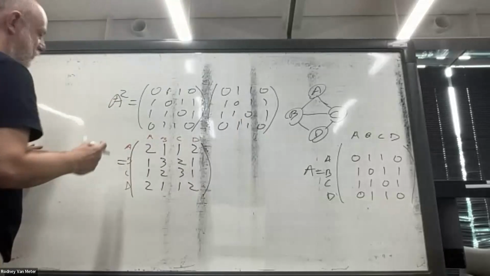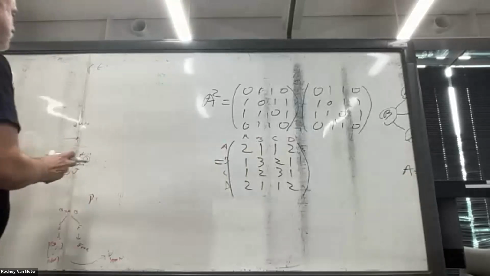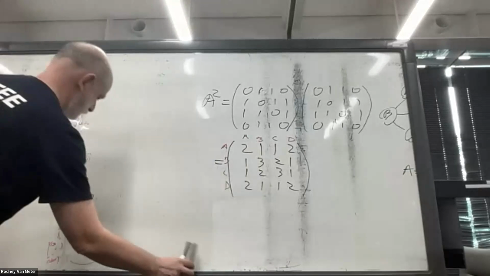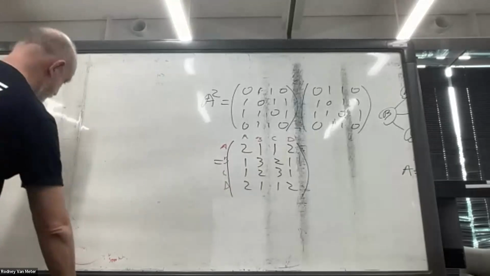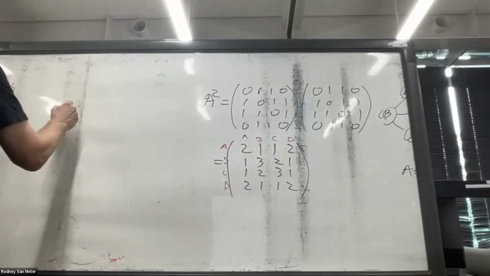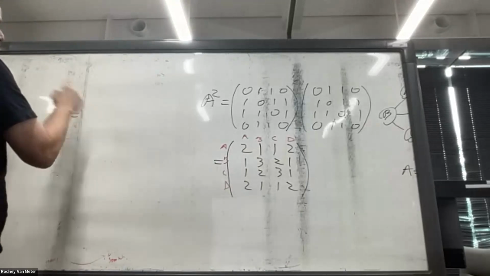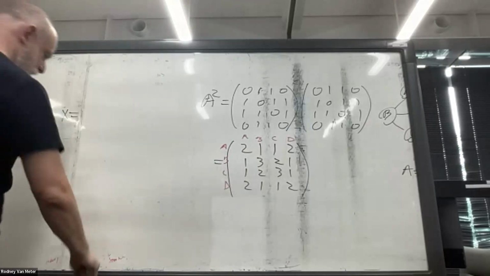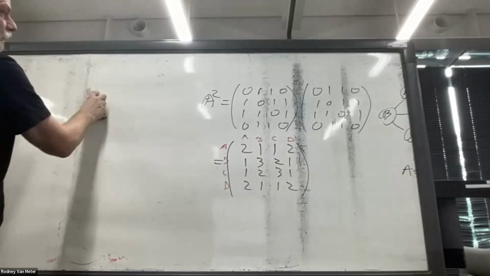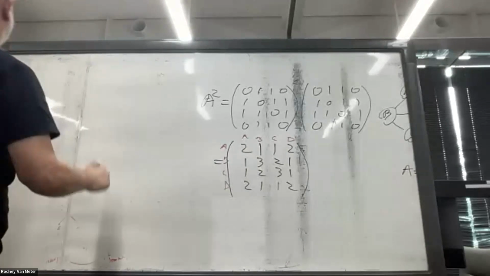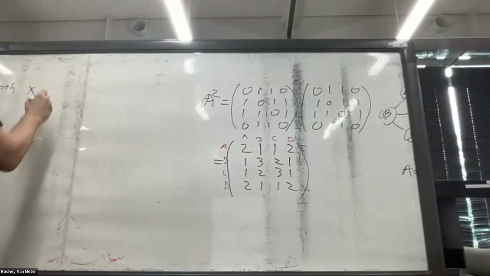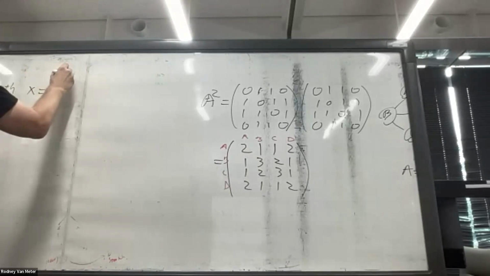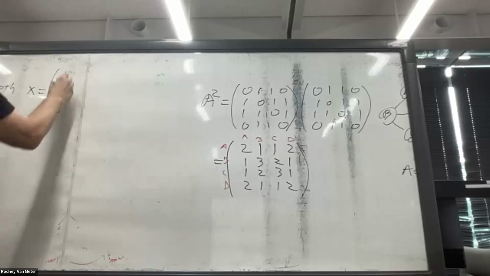So if we take the vector x to be our position, x equals 1, 0, 0, 0.